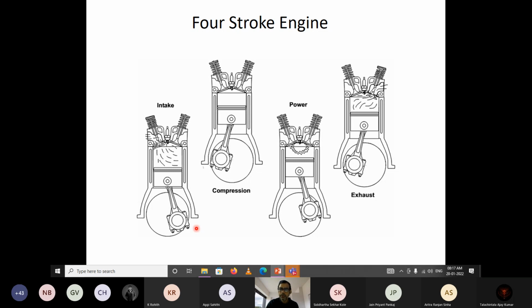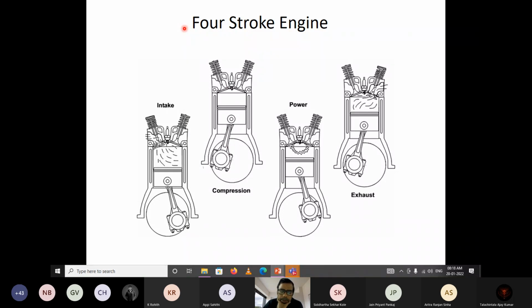So these are the four terminologies we are going to understand in this class. That is what we will try right now. So, the 4-stroke engine. Several times I have used this terminology, 4-stroke engine. Once again, let us see.